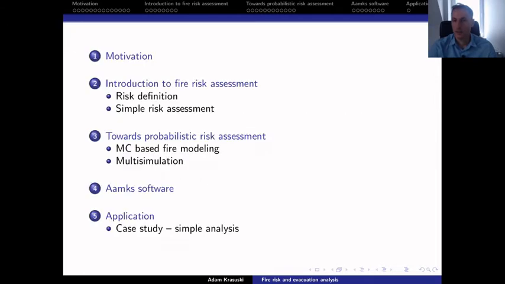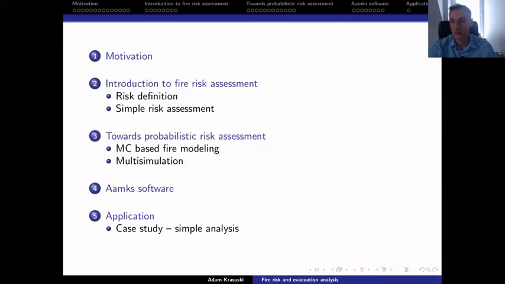And the outline for today's lecture, first we start with motivation. Why we need a fire risk analysis, why we need a probabilistic approach to this. And then, in order to have the same definition, I know you already have lectures related to the fire risk assessment, but I'm going to introduce very shortly this topic.